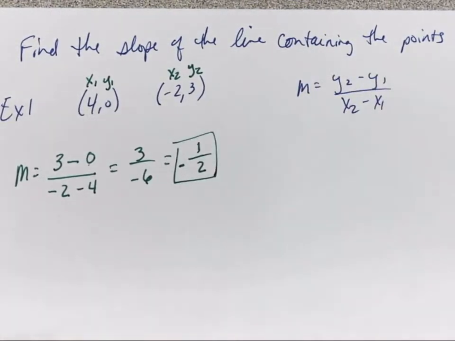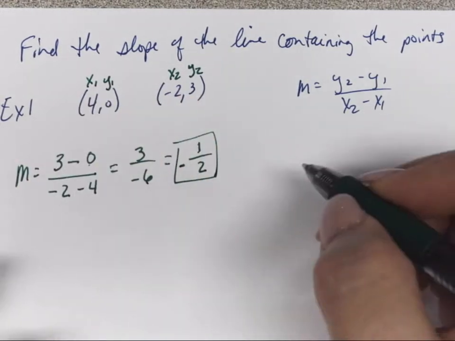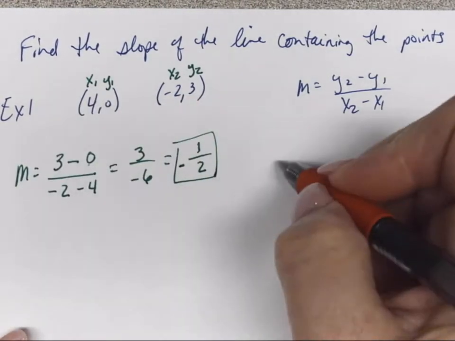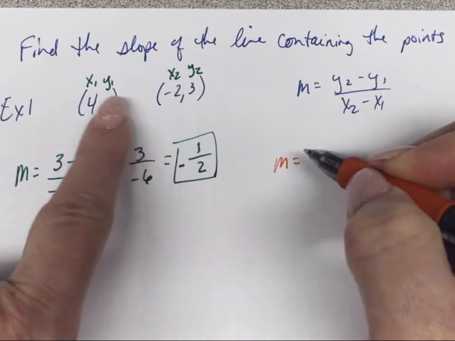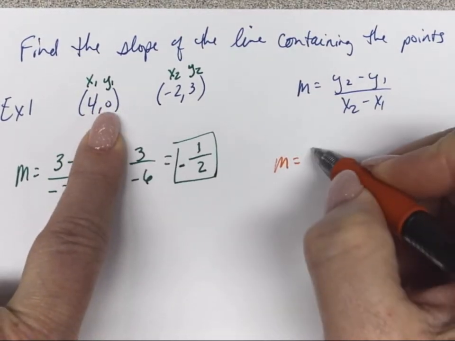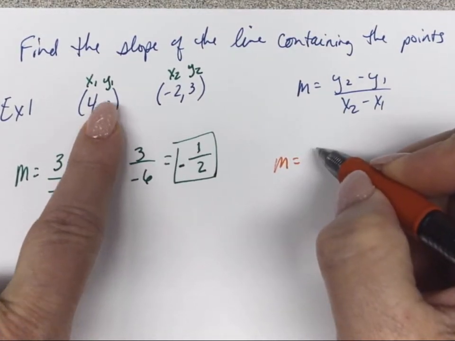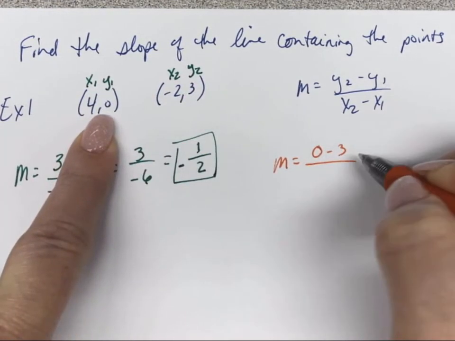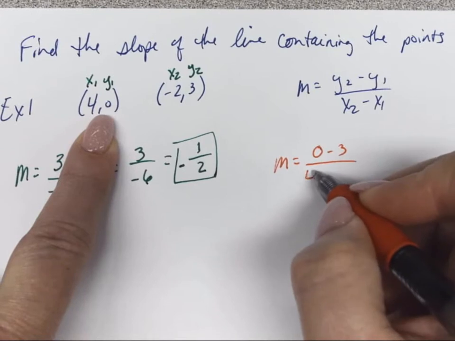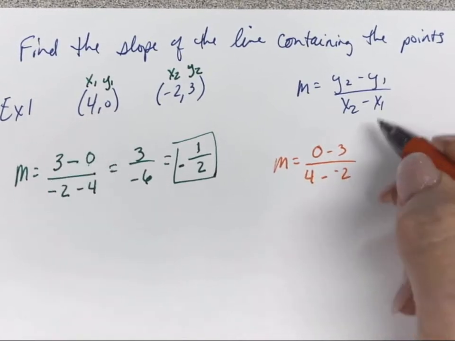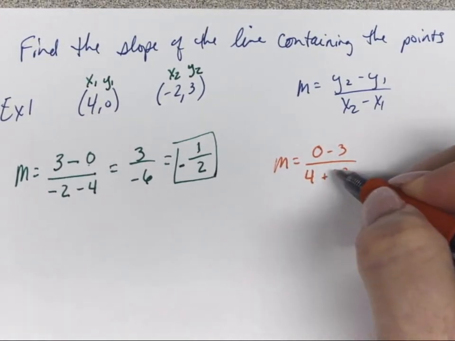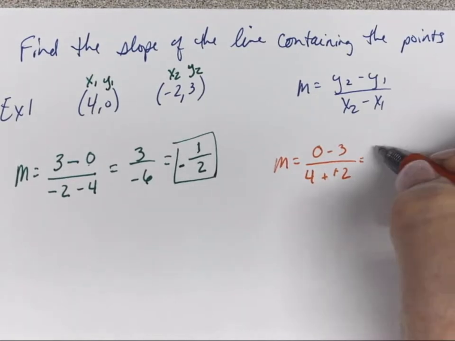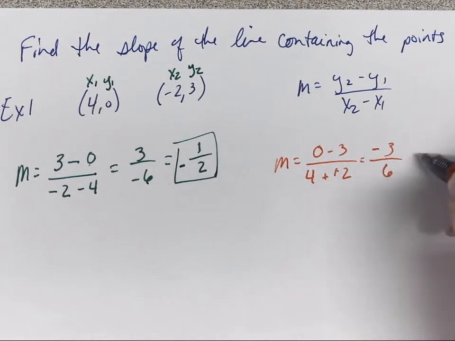Now to show you it doesn't matter which point we do, if we switch it around, if we do this as the second point and that one is the first, we would get 0 minus 3 over 4 minus negative 2. Well, that double negative would be positive. We would end up with negative 3 over positive 6.